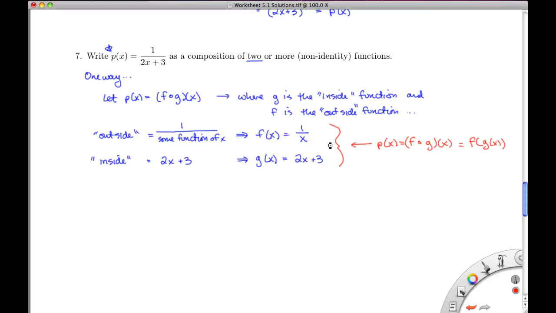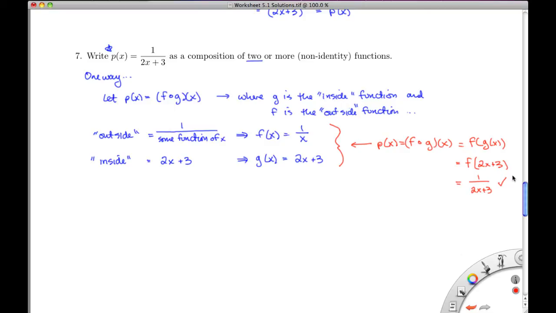Let's check that out to make sure that works. So we take f of g, which is 2x plus 3, and f just says take 1 and divide it by the input. So we've got 1 divided by 2x plus 3, which is our p of x. So that's a perfectly great way to go about doing this.